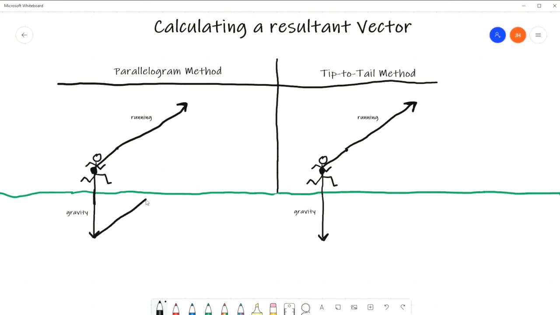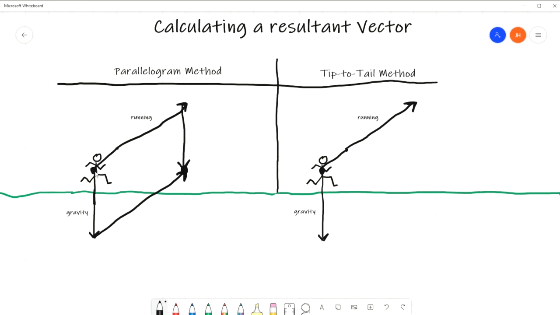So here is a copy of the running vector down here, and I'm going to make a copy of the gravity vector over here. You can see that the two copied parallel vectors are meeting right over in this spot. That is going to be the end of my resultant vector, the beginning being where the two vectors started.